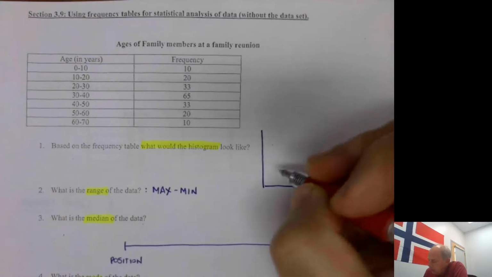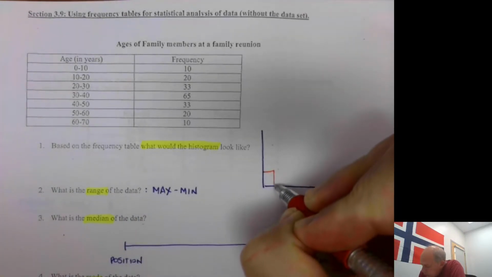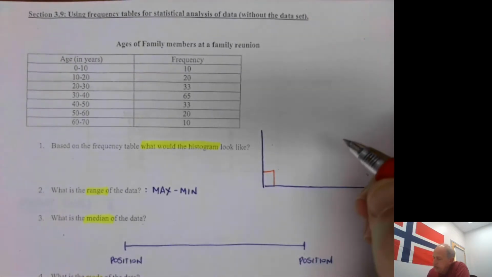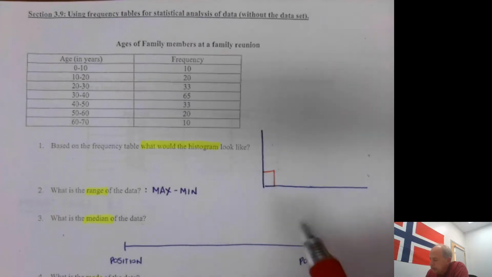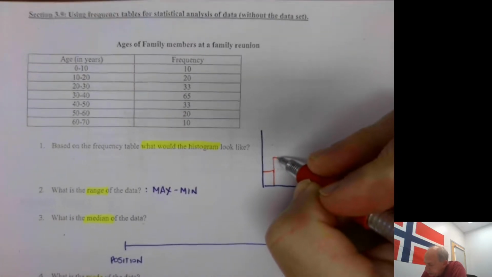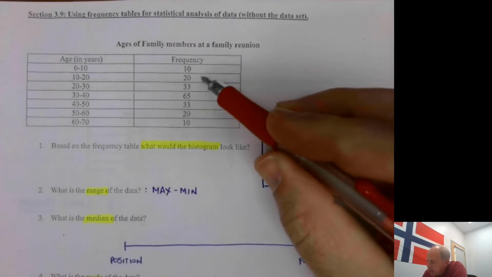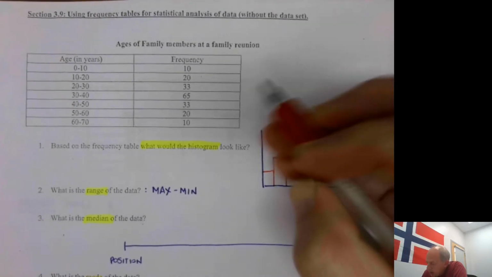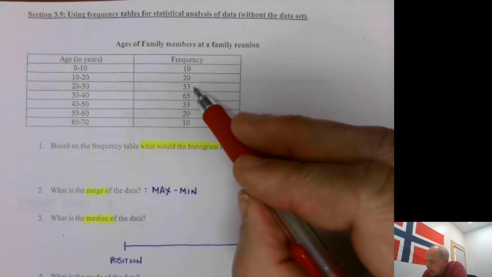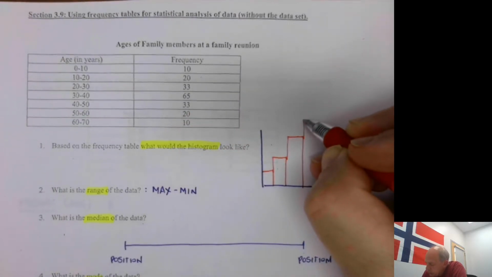So the first thing I want to do is draw a quick sketch of a histogram. My first group from 0 to 10 years old, there were 10 people there. From 10 to 20 years old, there were 20 people. Then there were 33 20 to 30-year-olds.